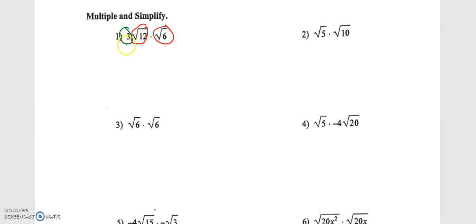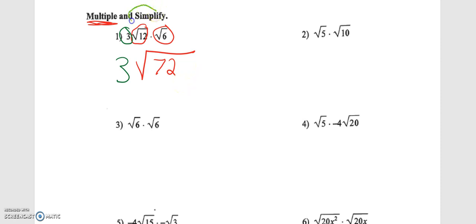So in this case, the 3 is the only thing outside the house, so it's going to kind of stay outside alone. What's in the square root, however, is going to change and become 12 times 6, which gives me 72. Now this is completely done with the multiplying. Multiplication is done. This is finite.